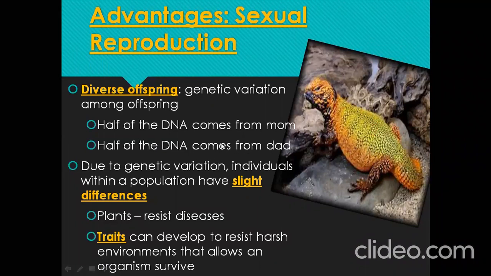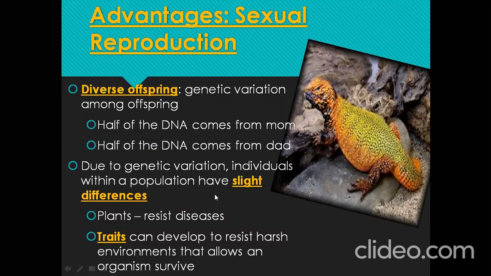So it means two different DNAs are coming together, so there is more chance of genetic variation. Due to this genetic variation, individuals within a population have slight differences from their parents, right?